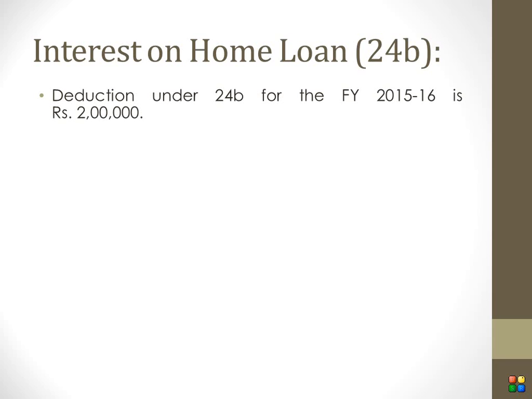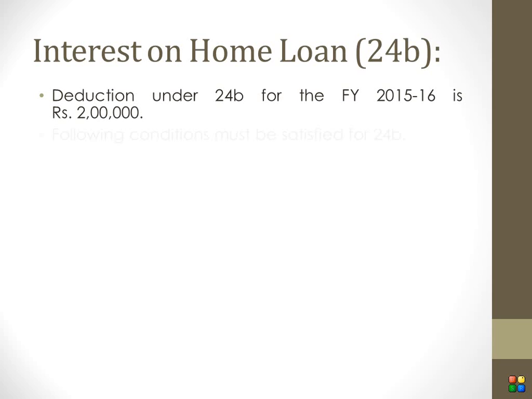But if the interest on home loan is paid for a self-occupied property, that means the owner himself is living there, then the deduction is only 2 lakh rupees for FY 15-16. For FY 14-15, that was 1,50,000, and in future it may be amended or changed also.